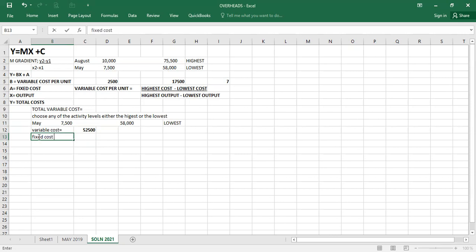So if you want to get the fixed costs, then the fixed costs are going to be equal to the total costs minus the total variable costs.